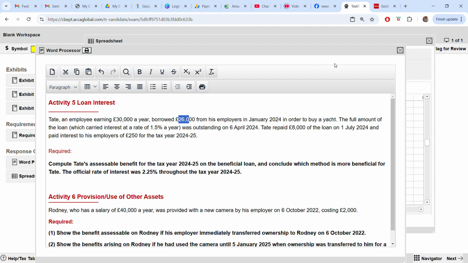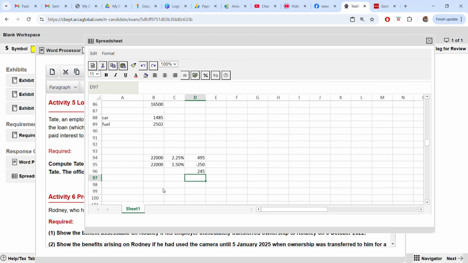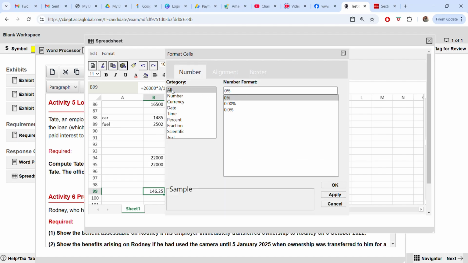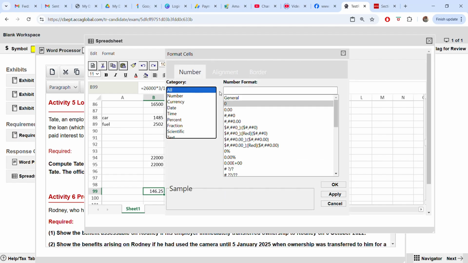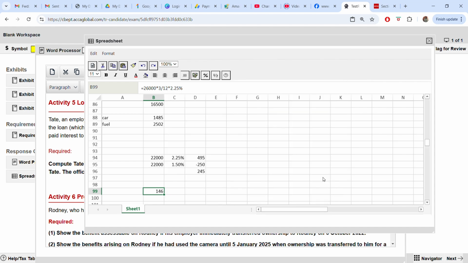Here it is 26,000 times 3 months from April to June at 2.25%. I'll round this to zero decimals. It's 146.